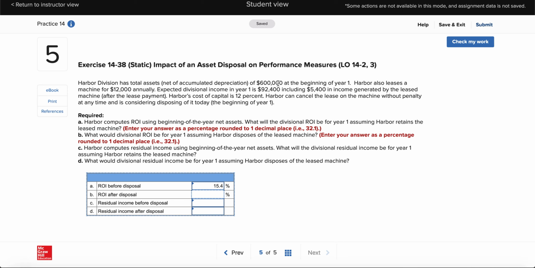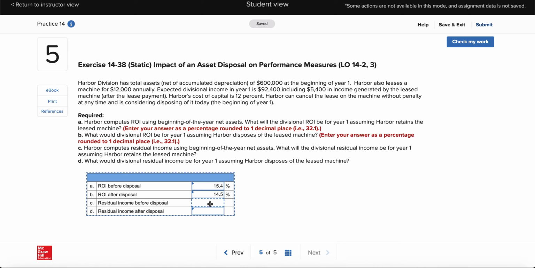So 92,400 minus 5,400 gives us 87,000 in income here, and we divide that by 600,000, and that gives us 14.5%. Those are the two ROIs. Let's look at the residual income before and after the disposal.